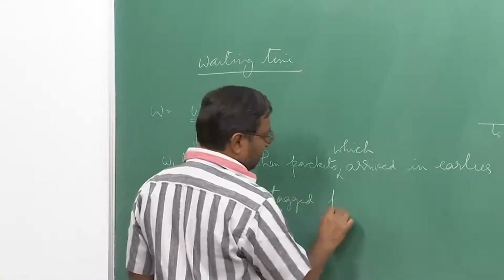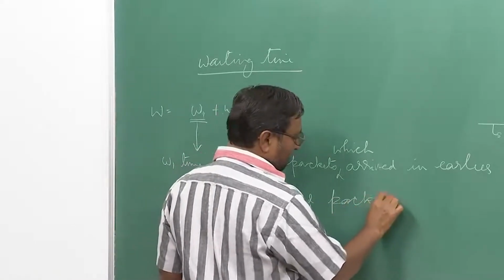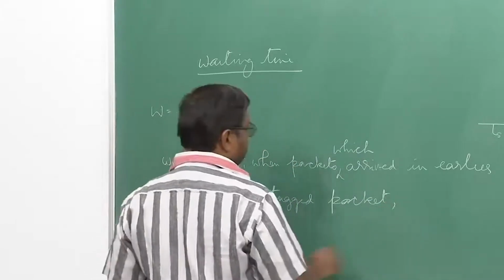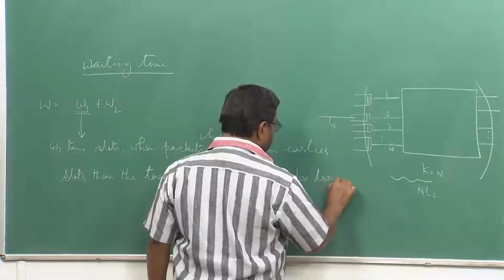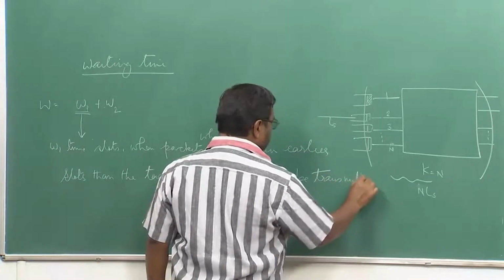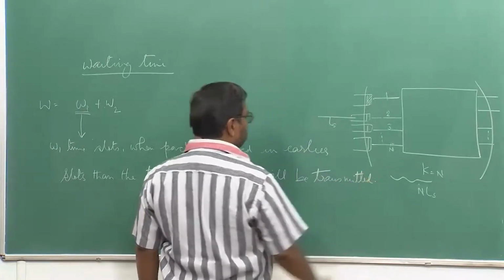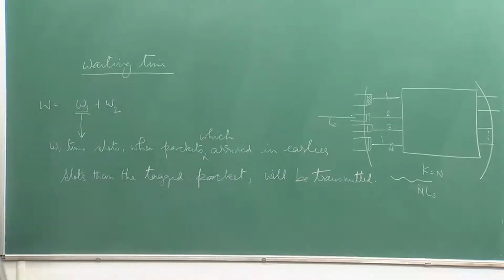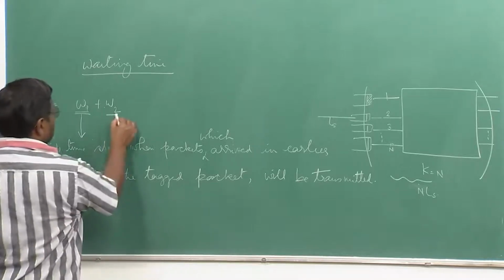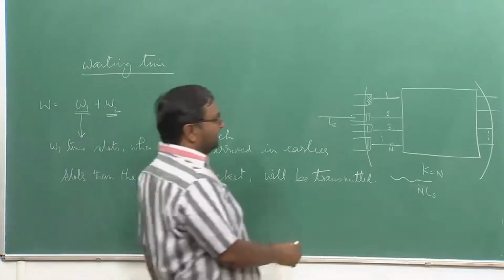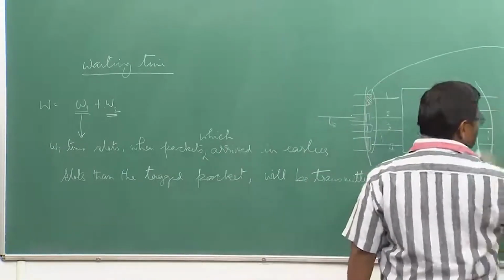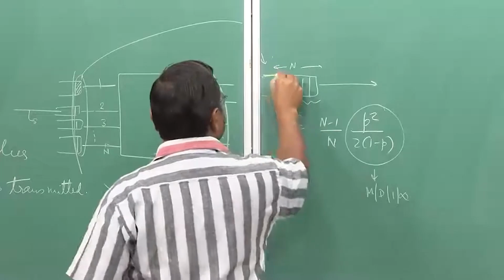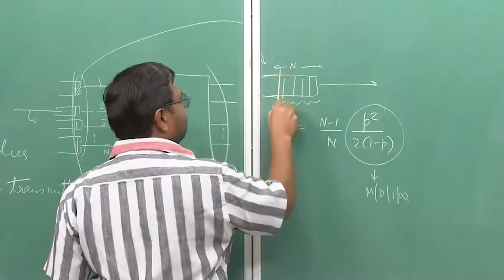Then the tagged packet will be transmitted. So, W1 is that part. Now, what is W2? Now, since there is a batch, there is a certain number which will be going there. So, they will be added.